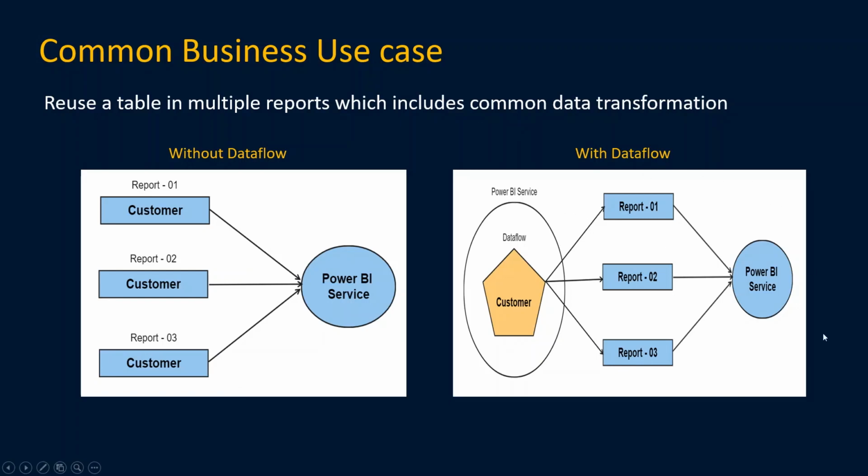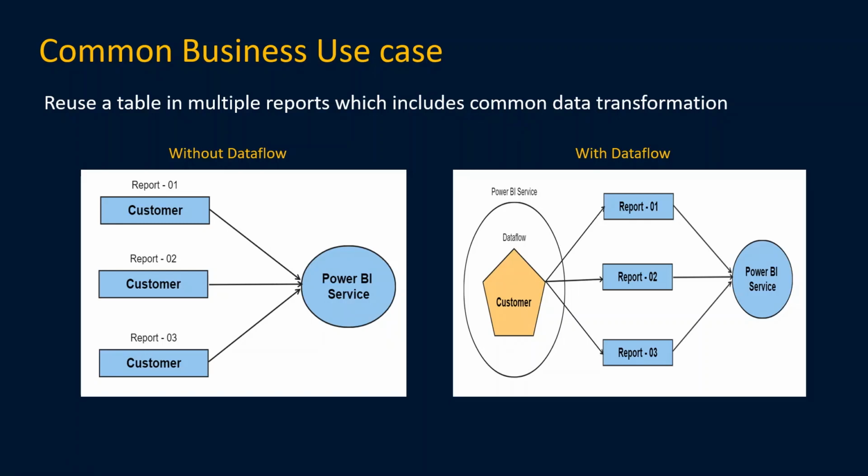So the right diagram is the improved version here. As you can see, we have created a data flow, and that data flow includes the customer table, and this data flow is available in the Power BI service. So the data flow is available centrally. Okay, so what is the improvement that we have done in this? We are connecting to the source system one time, and this customer table is centrally available, so it can be reused.